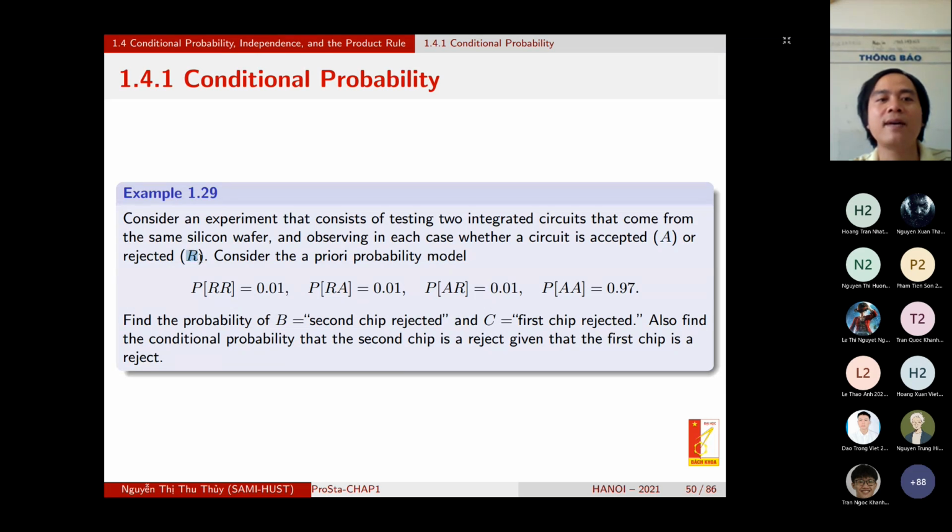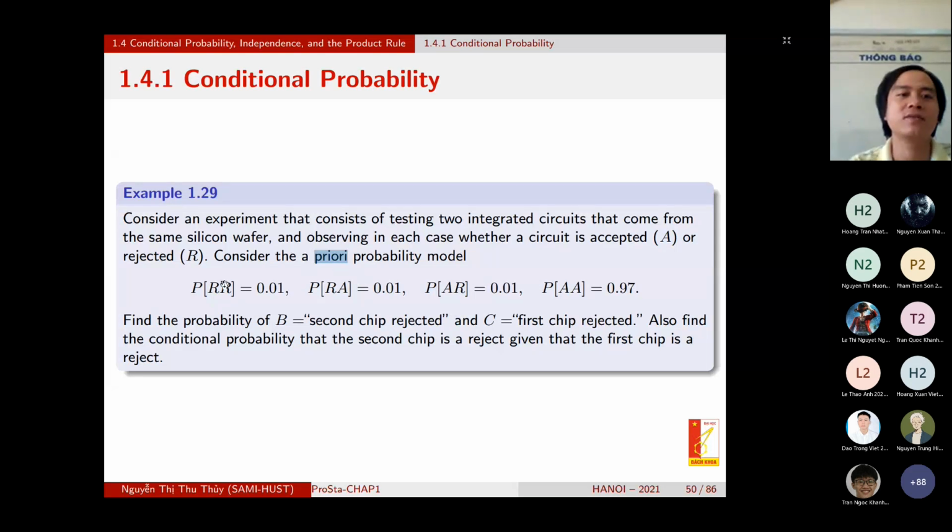We denote the event that it is accepted as A, and the event that it is rejected by R. Now we consider an a priori probability model. A priori means it is given, the information provided before we consider the probability.